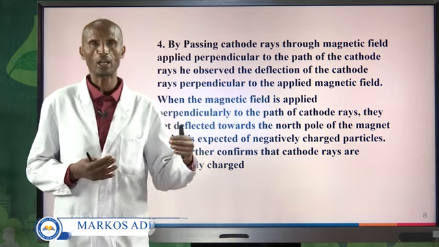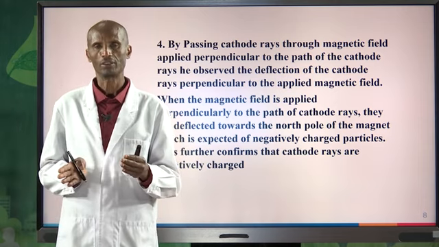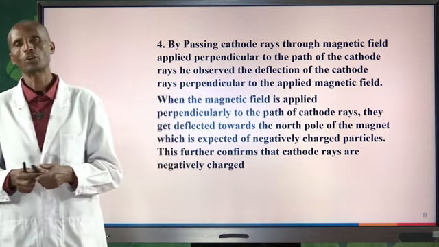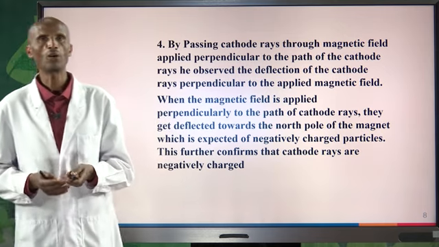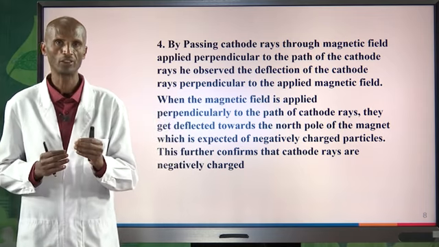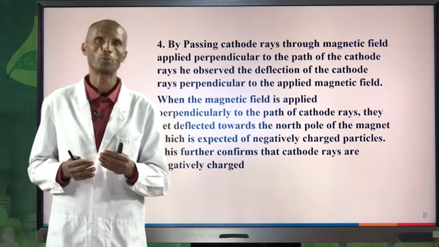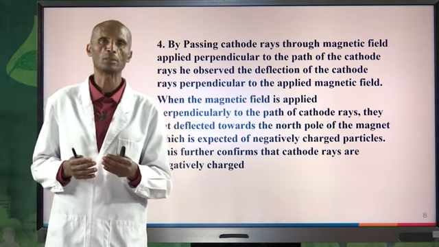Now, when the cathode rays travel, they are deflected towards the positive plate. This shows that the cathode rays consist of negatively charged particles. Now, when a magnetic field is applied perpendicular to the path of the cathode rays, they get deflected towards the north pole of the magnet, which is expected of negatively charged particles.